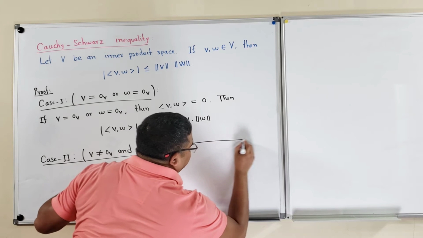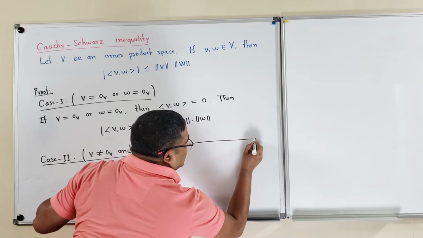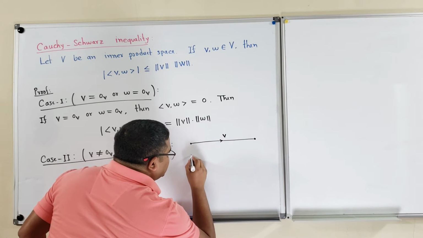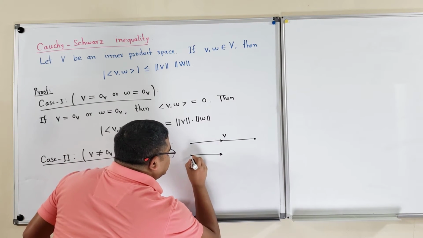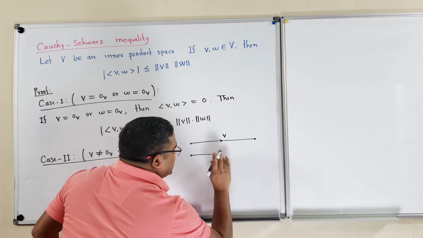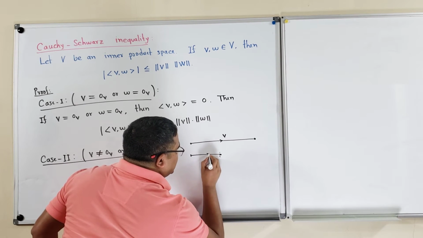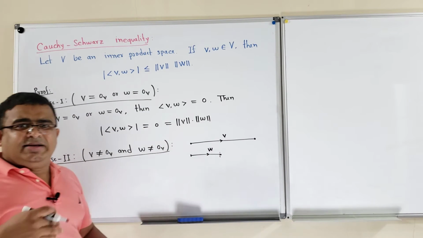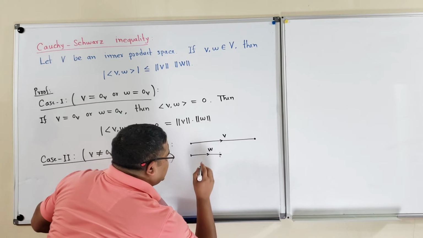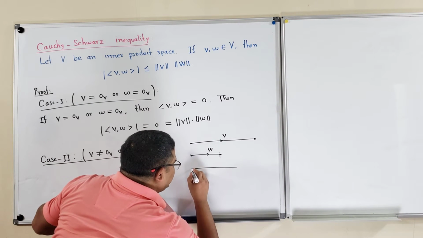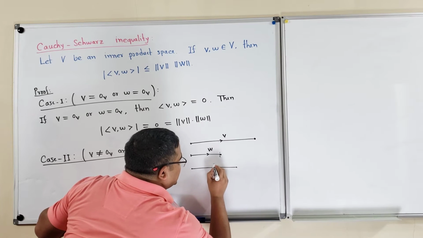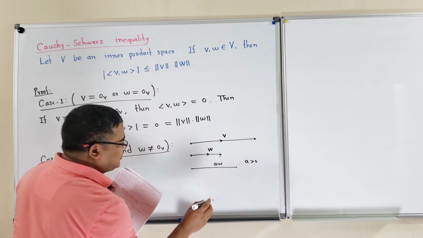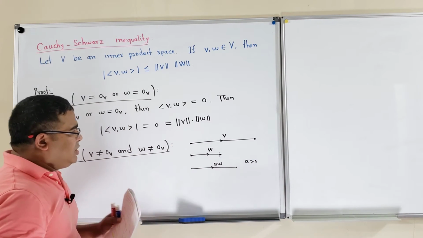Suppose this is w. Now, if a is any real number, then if we multiply this w by a, suppose this is aw, where a is more than 0.